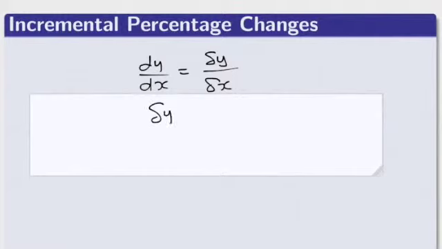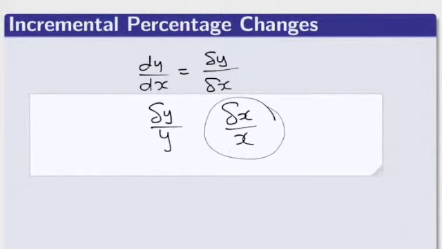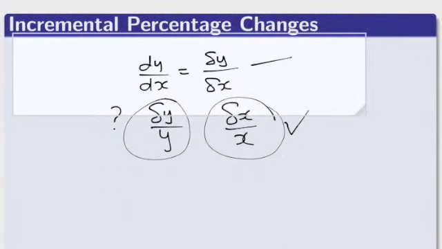So knowing the ratio of delta x to x, we want to determine the ratio of delta y to y. Obviously, we'll be making use of this relationship. The derivative of y with respect to x is approximately equal to the ratio of delta y to delta x.